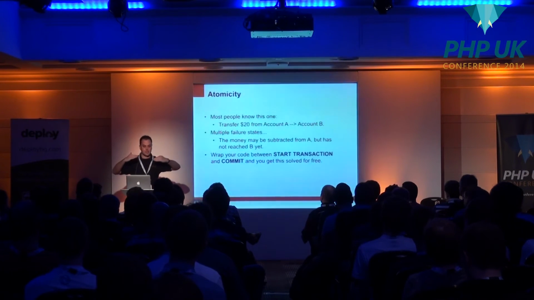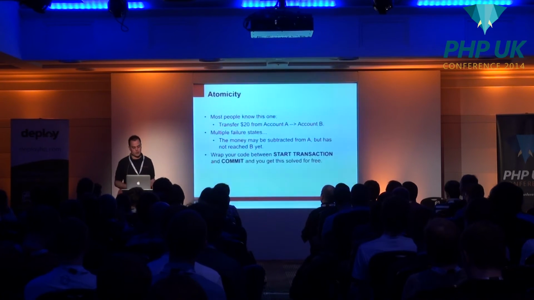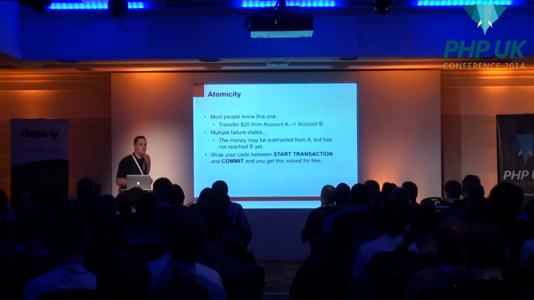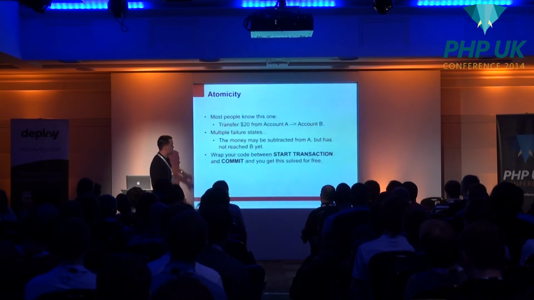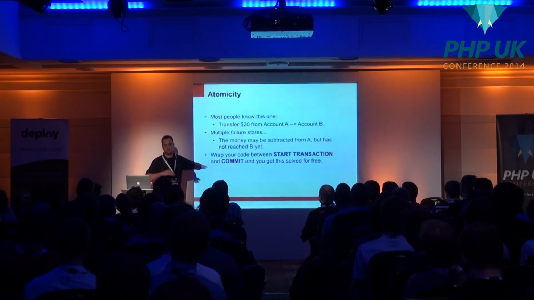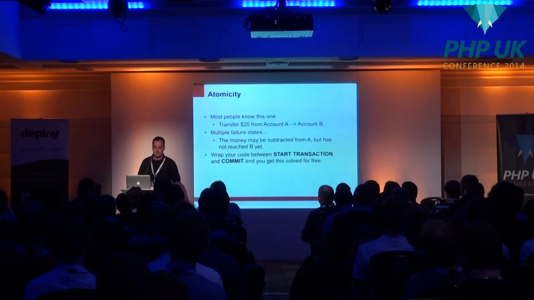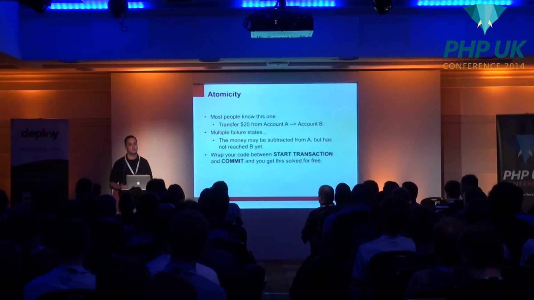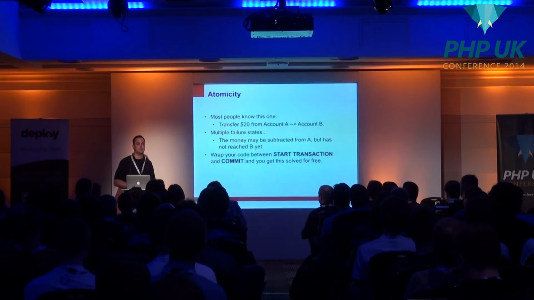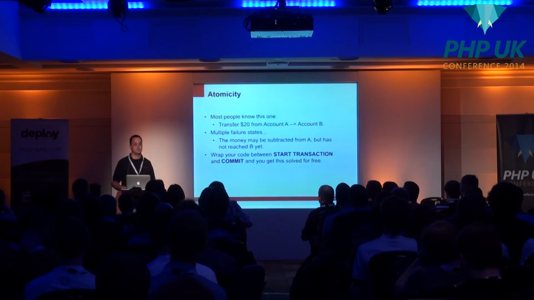Or something that doesn't add up to 200 in total in aggregate. So if you want that atomicity and use a relational database, you just say start transaction, you do your statements, you say commit, and we guarantee this. You will not end up in one of those situations where the total between the two doesn't add up to 200. We guarantee it. And there's a lot of stuff in the back end that has to happen for this to be true.